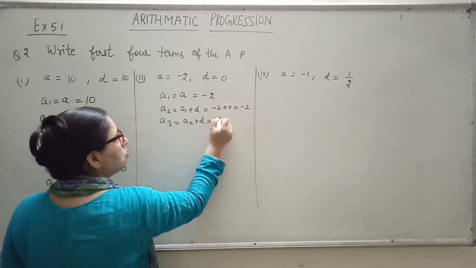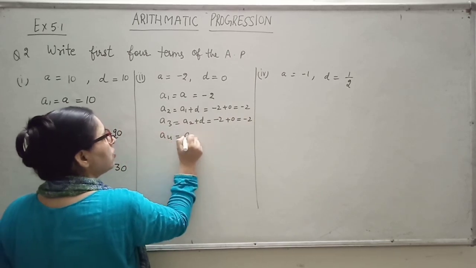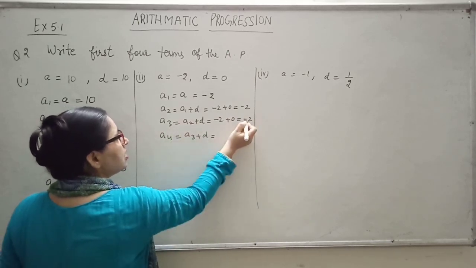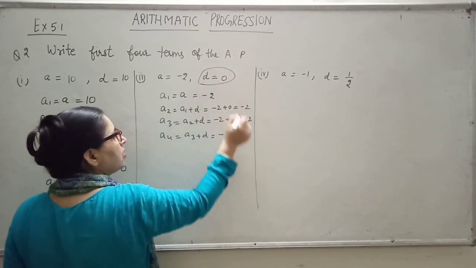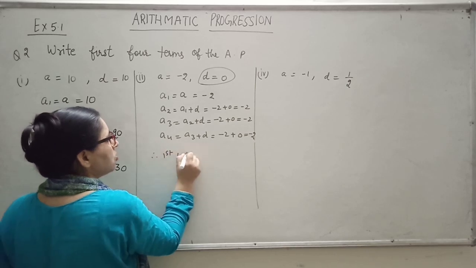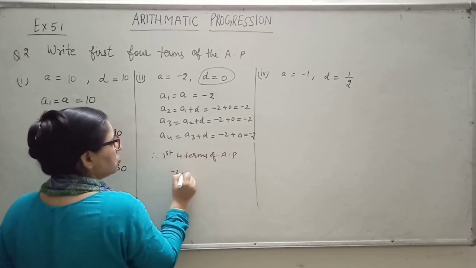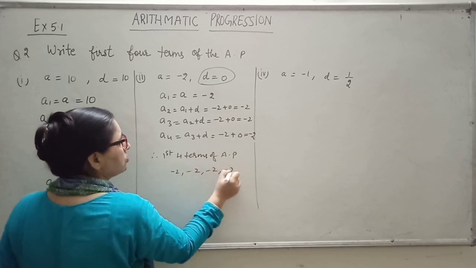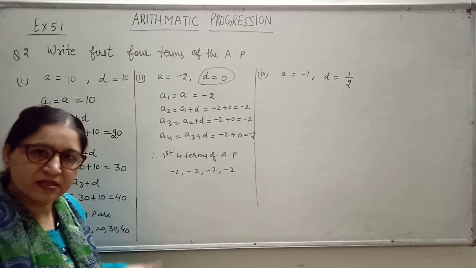Minus 2. What is D? 0. That is again minus 2. A4 is equal to A3 plus D. What is A3? Minus 2. D is 0 here. So this is again minus 2. Therefore the first four terms of the AP are minus 2, minus 2, minus 2, minus 2. Whenever D is 0, all the terms remain the same.